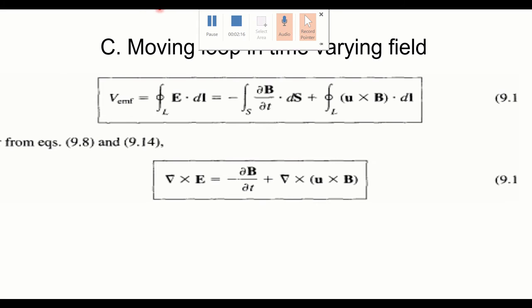Third case, we have both the conductor and magnetic field varying. In that case we can use the equations of both the first two cases, a combined equation. So in this case the induced EMF becomes the closed integral E dot dl equal to minus the integral of dou B by dou t dot ds, that is from the first case, plus the second case, that is the integral of U cross B dot dl.